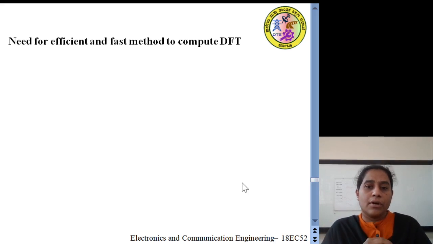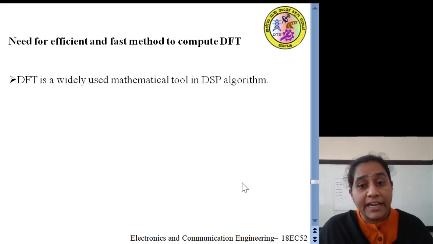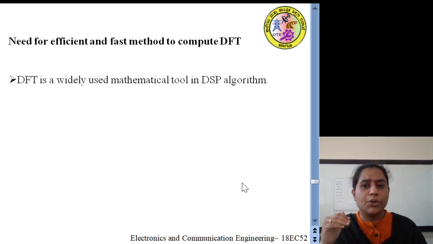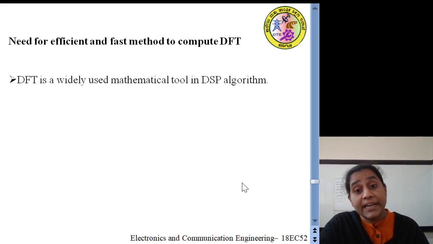So now let us see what is the need for an efficient and fast method to compute DFT. As we know from the basics, DFT is a widely used mathematical tool in DSP algorithms. We call DFT a mathematical tool because the discrete Fourier transform converts the time domain signal into frequency domain discrete samples.